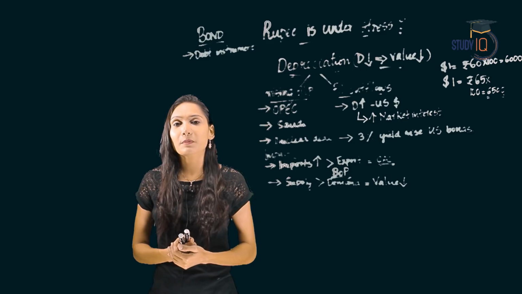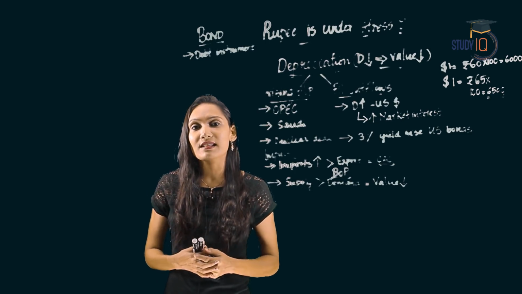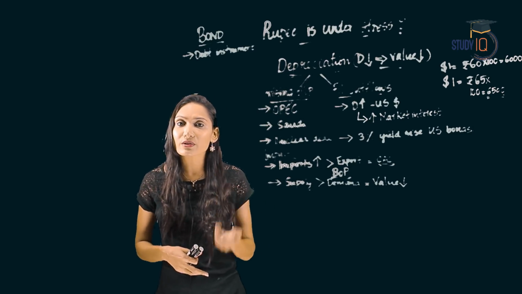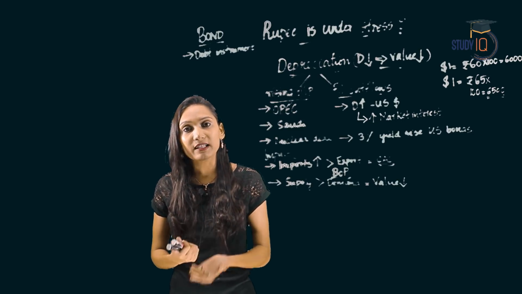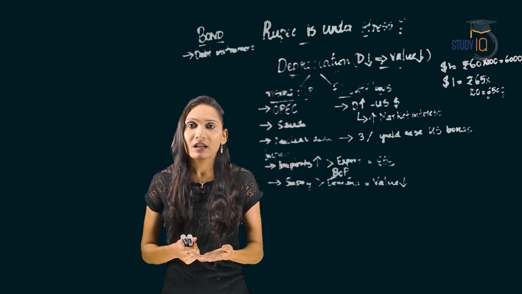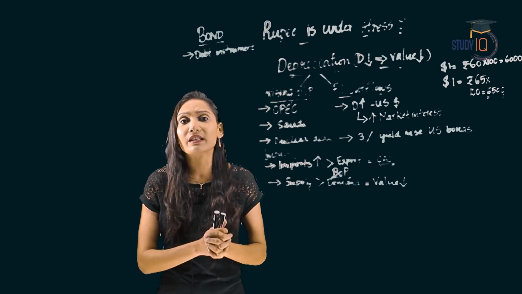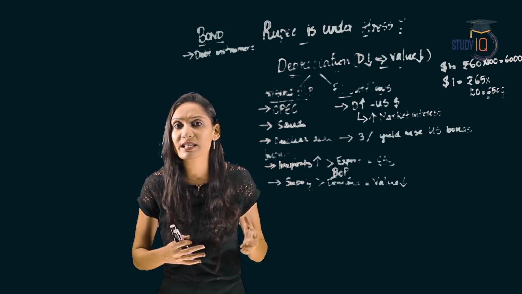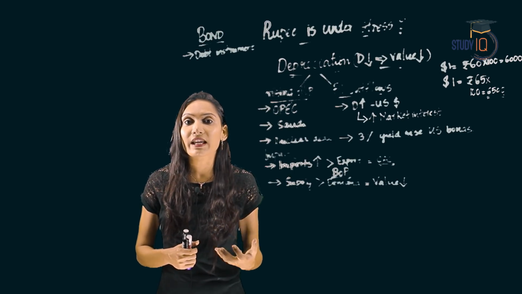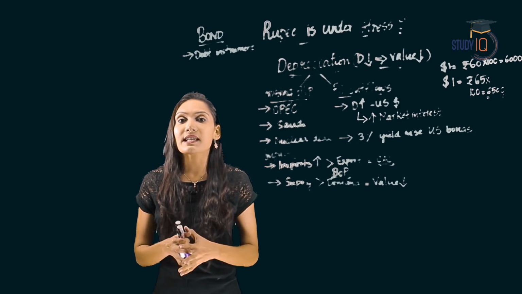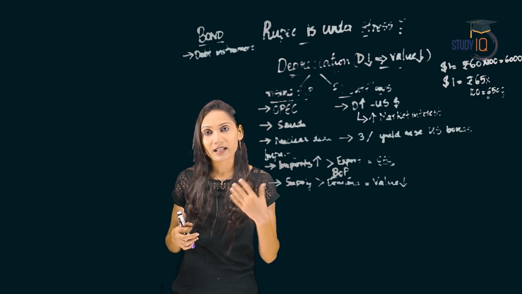Anybody can purchase the bond: the general public, banks, financial institutions, etc. Bonds can be issued by the government or by companies or banks, etc. Government bonds, in the form of government securities or GSECs, are risk-free, and people will be willing to purchase them because they are risk-free.